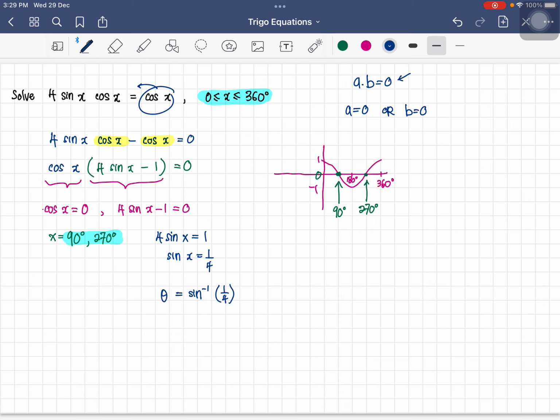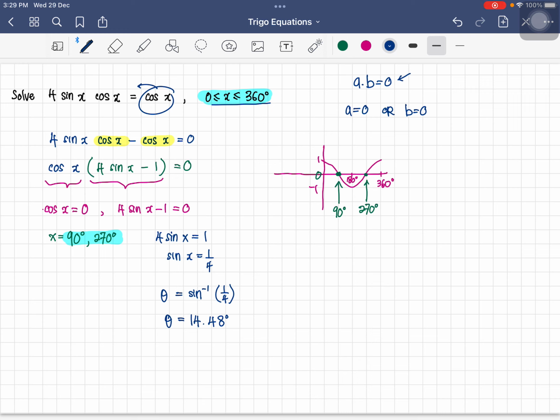When you take the sine inverse, make sure your calculator is in degrees mode. So sine inverse of 1 over 4 gives me theta, my basic angle, 14.48 degrees.